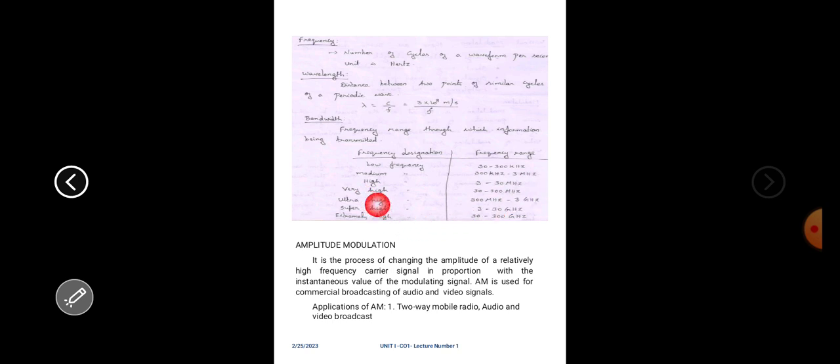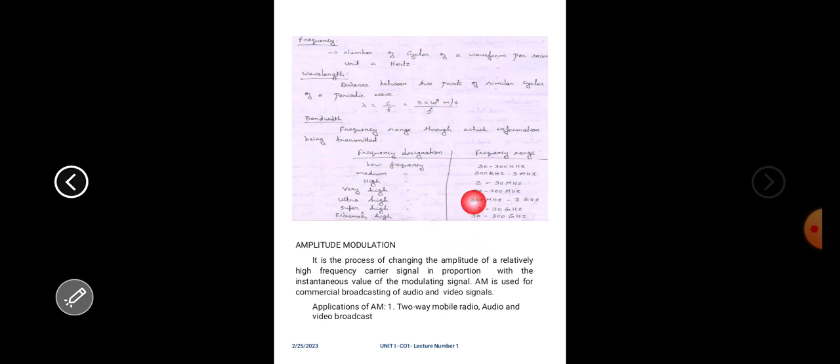Medium frequency is 300 kHz to 3 MHz. High frequency is 3 to 30 MHz. Very high frequency is 30 to 300 MHz. Ultra high frequency is 300 MHz to 3 GHz. Super high frequency is 3 to 30 GHz. Extremely high frequency is 30 to 300 GHz. These are the frequency ranges and their corresponding designations.